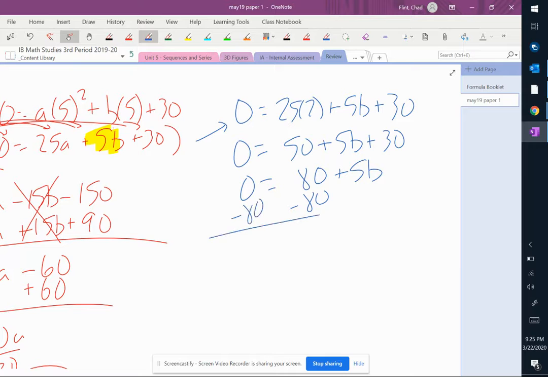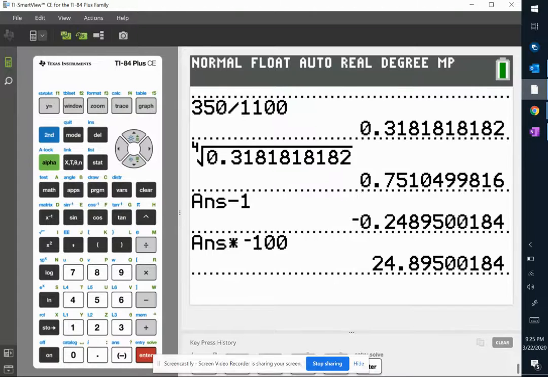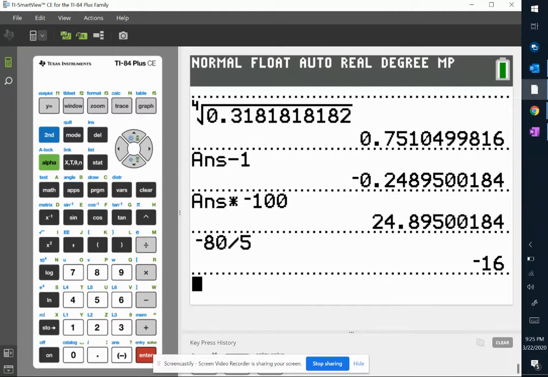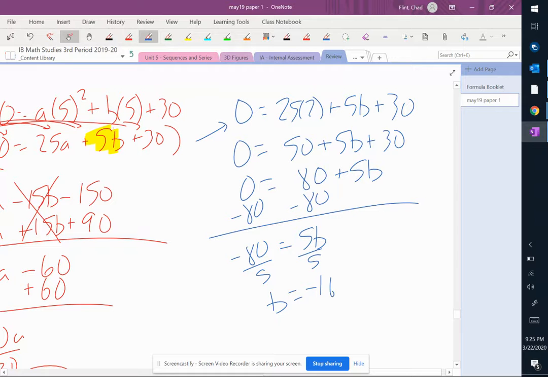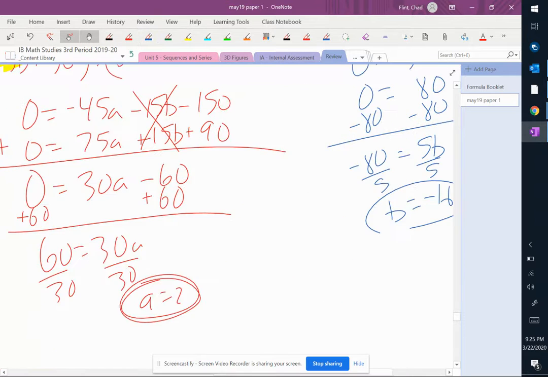Minus 80, minus 80, -80 equals 5b, divided by 5, divided by 5. B should be -16, right? -16. So now I have a and b.